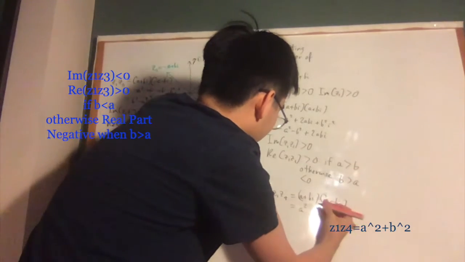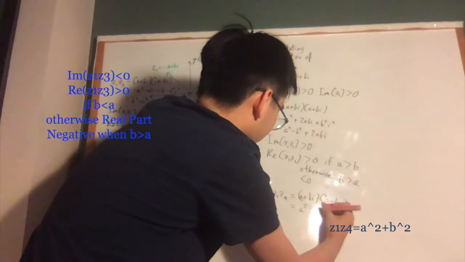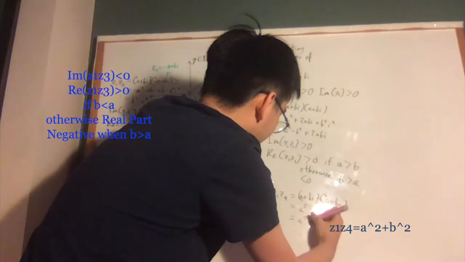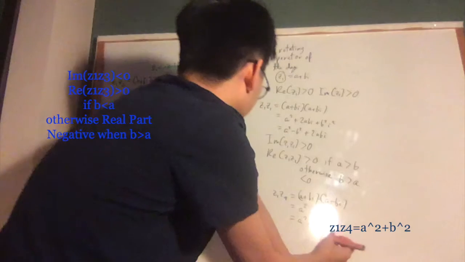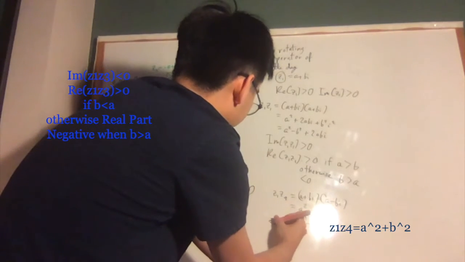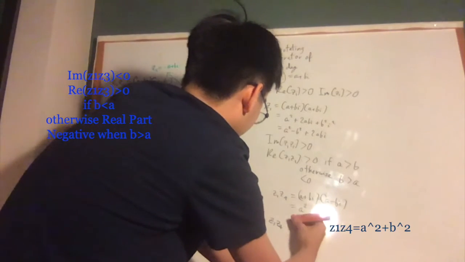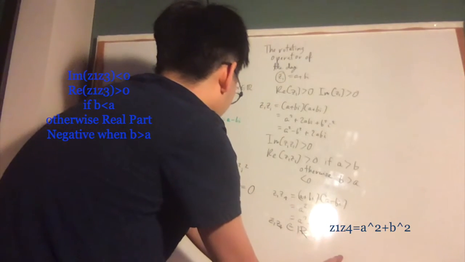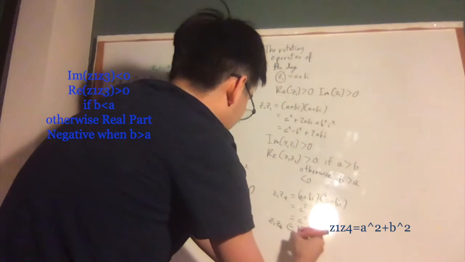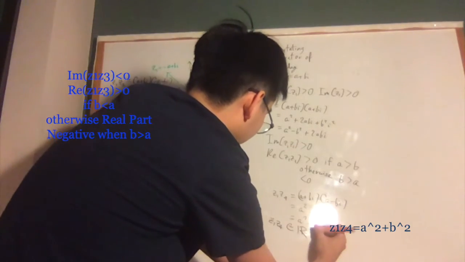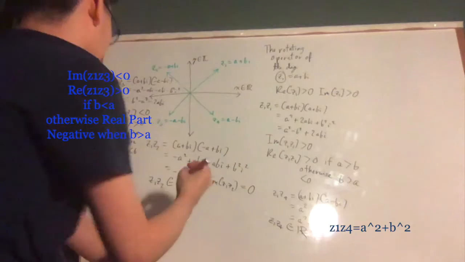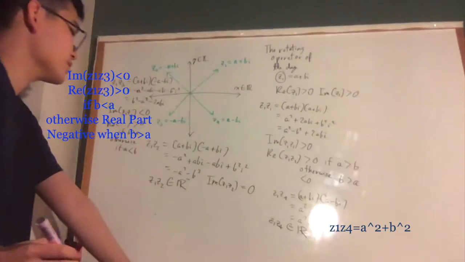And all we get is minus b squared i squared. So we get a squared plus b squared. So z1 z4 is an element of the real numbers, and actually I should say it's the positive real numbers. For the other one, on the other hand, it will always be the negative real numbers.